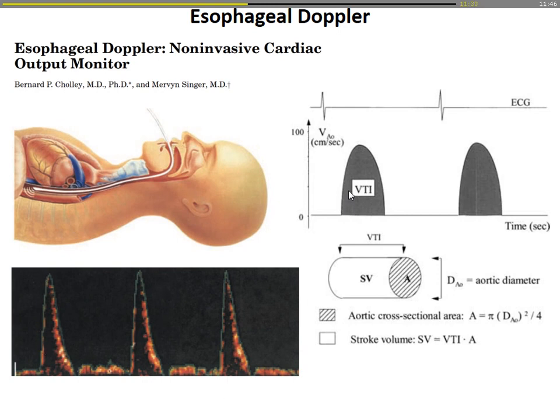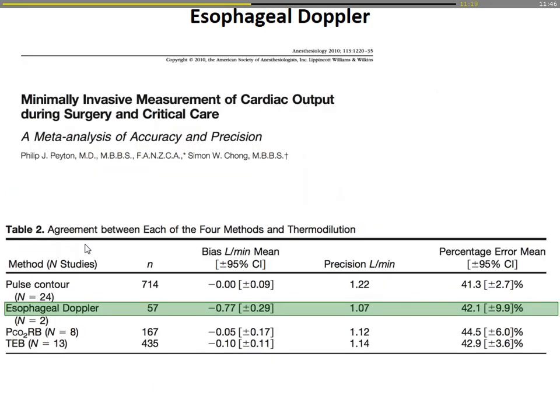And with the same principle, as you know from echo, the VTI times the cross-sectional area, you can calculate stroke volume in the descending aorta, and then you can recalculate the cardiac output, assuming a constant relation between the vessels from the upper part of the body.